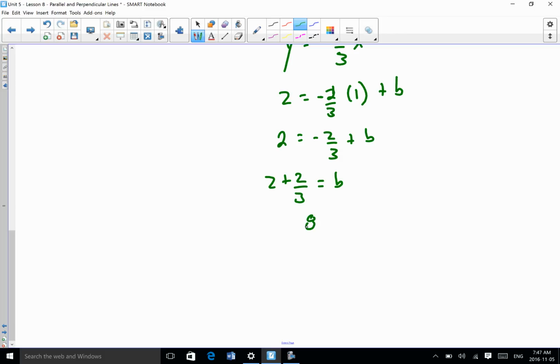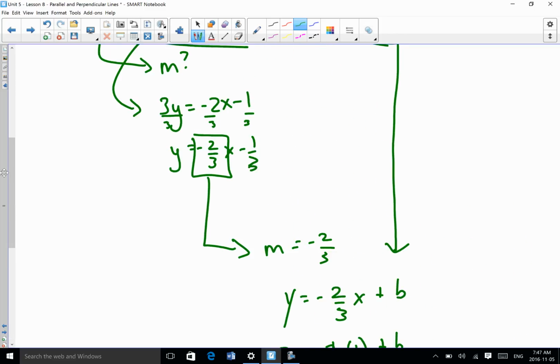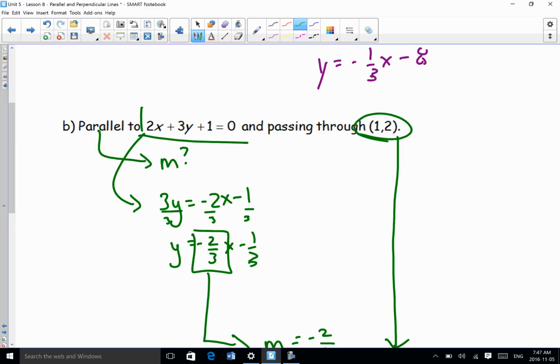Add them together. Use your fraction button here, common denominator. And we get an equation, y equals negative 2/3 x plus 8/3. And it all came about because we were told it had to be parallel to this line. That's our first thing we have to find, our slope.